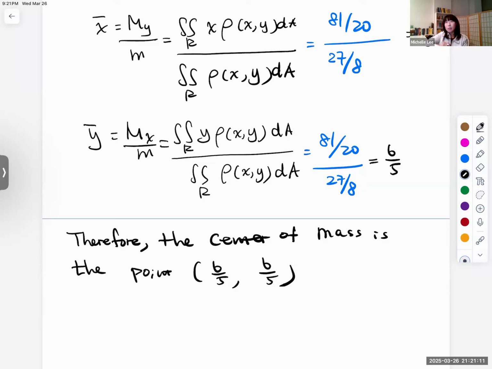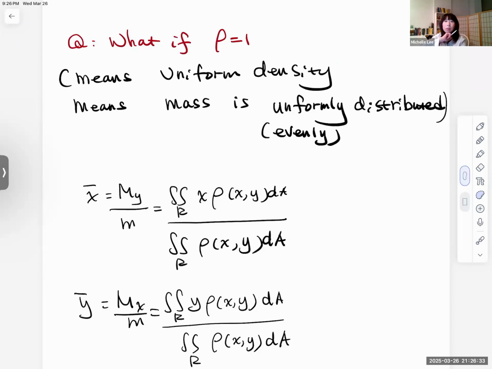All right. What if the density function is constant? Let's talk about that. What if we have a density function equal to 1, which is the uniform density we talked about in the beginning? Uniform density means mass is uniformly distributed, so evenly distributed.